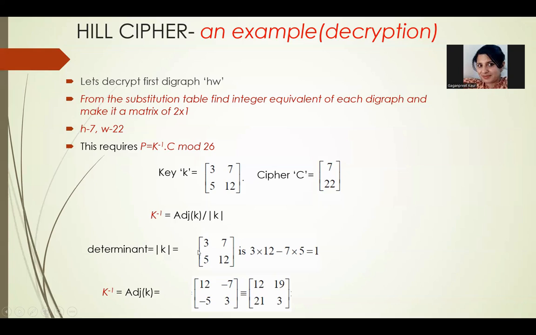Determinant for a 2 cross 2 matrix is pretty simple. It's very easy. Simple cross multiplication and subtraction of the elements. It is 3 into 12 minus 7 into 5. So it is 36 minus 35, which is 1. So this simplifies the process. And K inverse is simply the adjoint of K. Adjoint of K, generally we use the cofactor matrix, but otherwise for a 2 cross 2 matrix it is very simple.